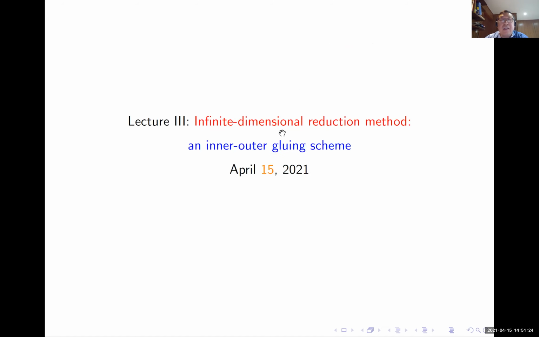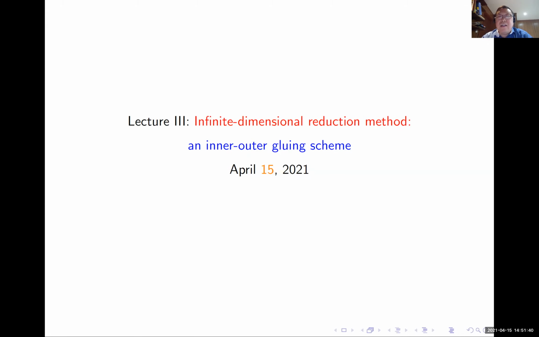Today I will continue on the infinite dimensional reduction method, and I will introduce the so-called inner-outer gluing scheme. This will be the first time we introduce the inner-outer gluing scheme.